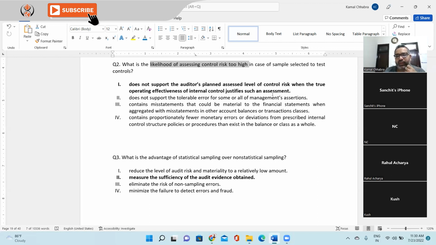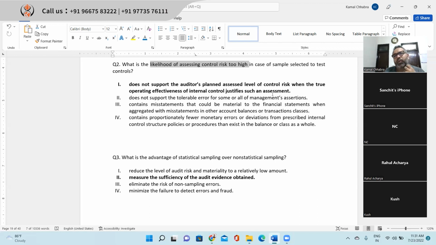Which one looks like not relevant for this question? First, let's throw them out. Out of these 4, which one you feel is not relevant for this question? The second one, sir. Why? Because it's talking about the tolerable error for some of the management assertions.